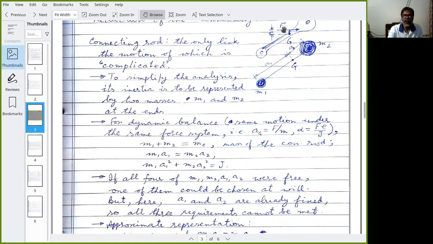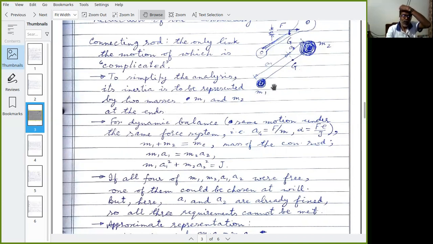whatever the resultant force F at offset E from the center of mass, under that force the connecting rod should have the same motion: AG equals F by M, and FE is the moment about G, so angular acceleration is FE by J, the moment of inertia. So with F at an offset E, whatever the actual acceleration and angular acceleration of the connecting rod, the equivalent should also have.